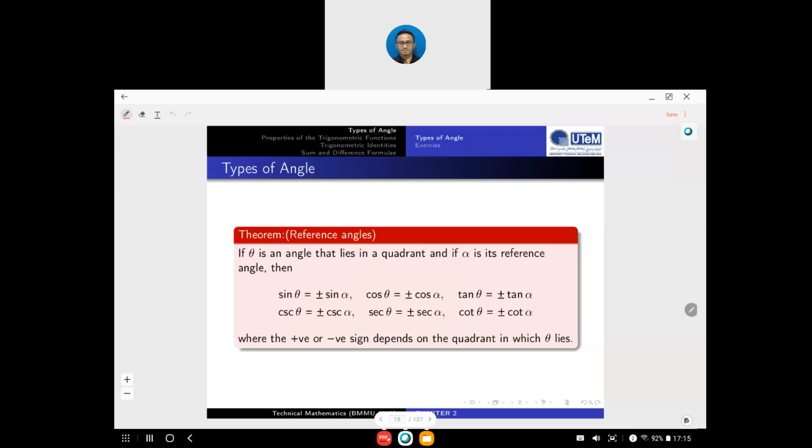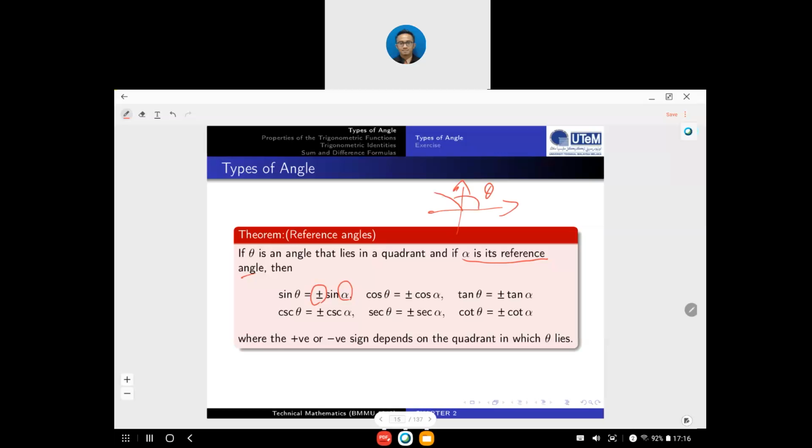And then, theorem for reference angle, okay, if you have sine theta, it is also equal to plus minus sine alpha, whereby alpha is the reference angle. Okay, and then plus minus is refer to the which quadrant it is places. Okay, if it is places at the second quadrant, awak nak cari sini theta.